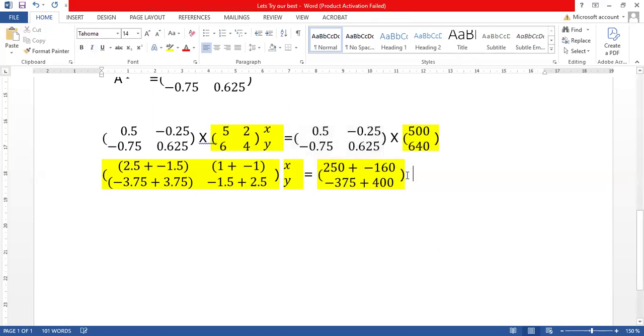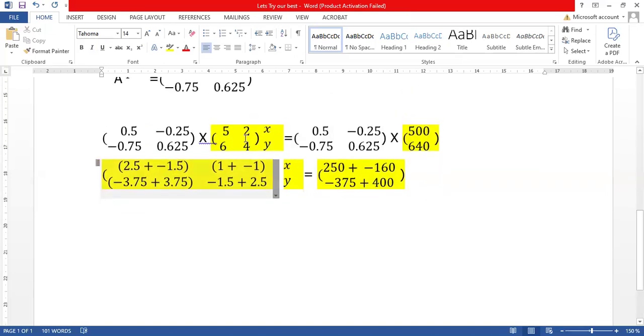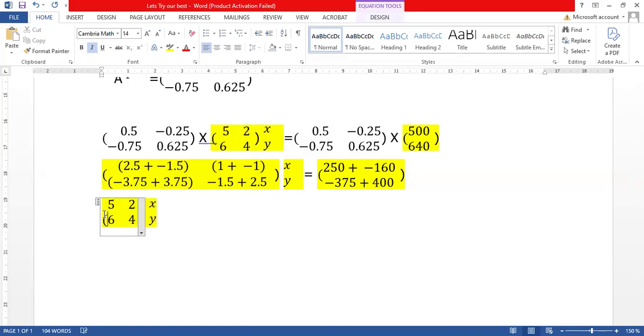Perfect. So once you have this, then do summation and get the final figure. Here you get 1, then 0, then 0, then 1.